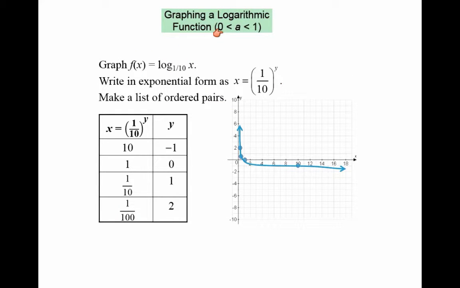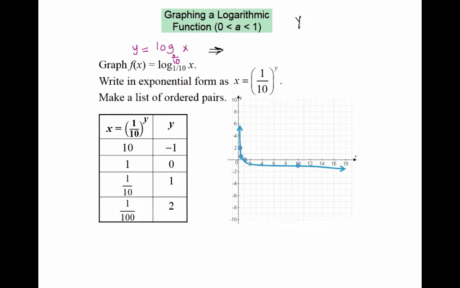Graph a logarithmic function when a is between 0 and 1. So let's say we want to graph f of x equal to log of x with the base 1/10. I can write this as y is equal to log of x, but the base here is 1 over 10. First thing I do is write this in its exponential form.